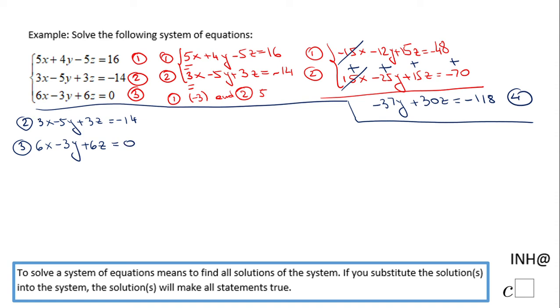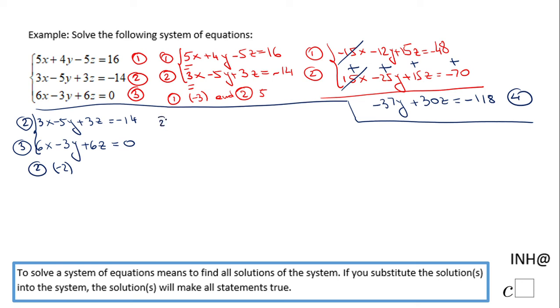So again, the same story. I want to eliminate x in this, and I can use the same coefficients 3 and 6, but the easiest way here is to multiply the second equation by negative 2. Let's see what happens, and keep the third one, in fact.